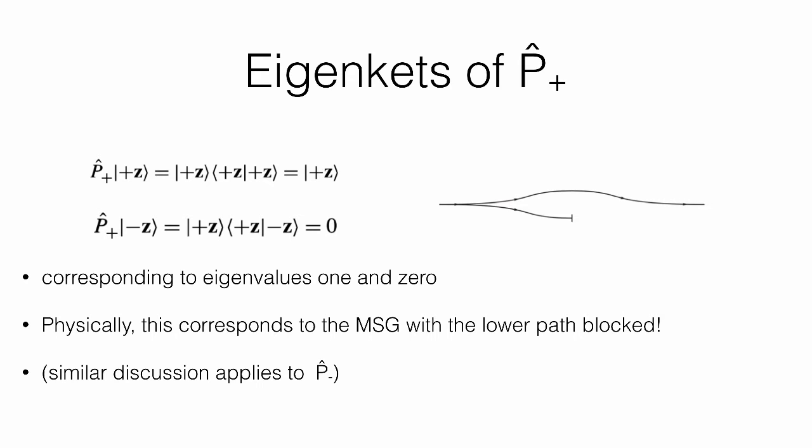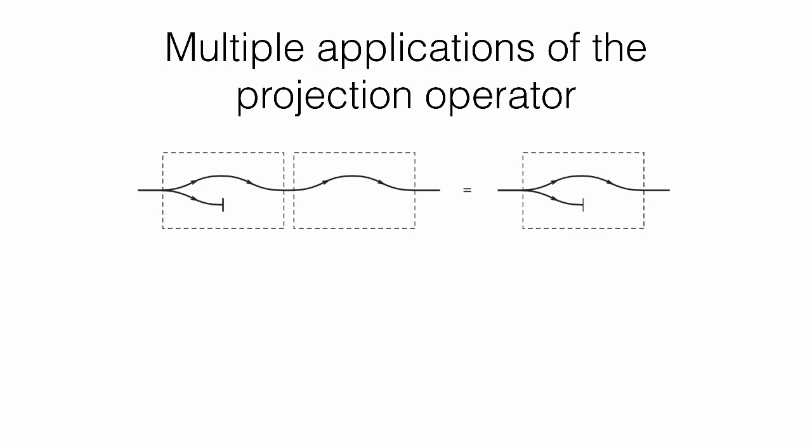And when you apply P plus on minus z, you get 0, which simply means that the projection of minus z on the plus z direction is 0. Nothing really surprising here, other than the fact that we found the eigenkets of P plus. And then what we find, of course, is that the eigenvalues will be 1 and 0. This is an interesting thing to do, because we can also apply it to P minus.